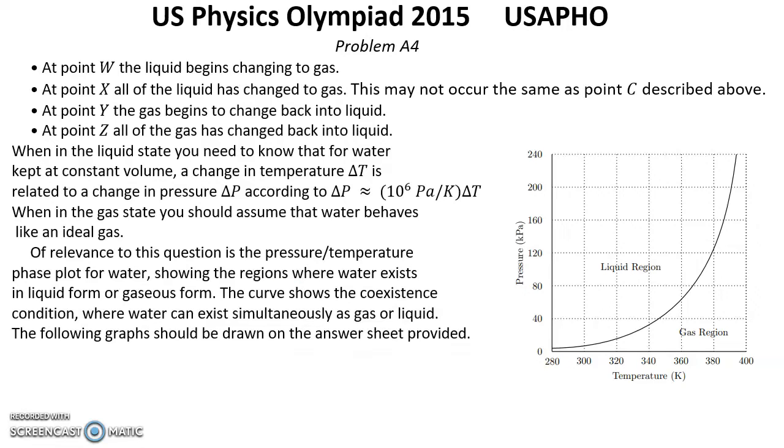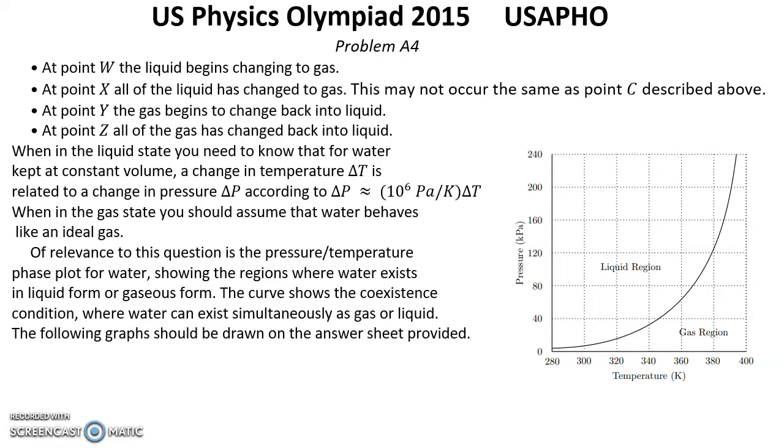Of relevance to this question is the pressure-temperature phase plot for water, showing the regions where water exists in liquid form or gaseous form. The curve shows the coexistence condition, where water can exist simultaneously as gas or liquid.